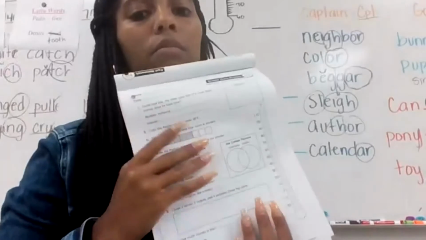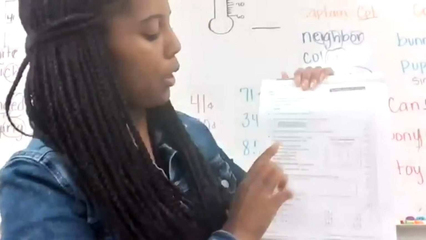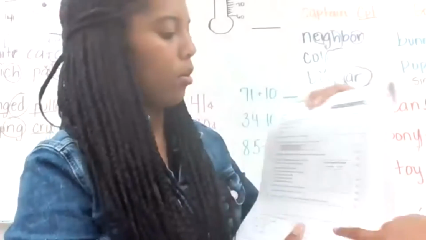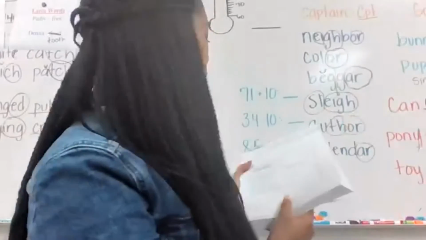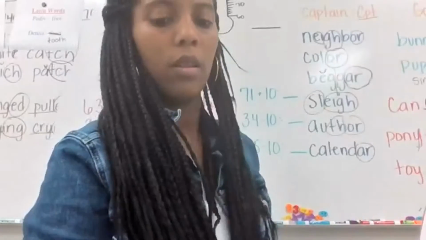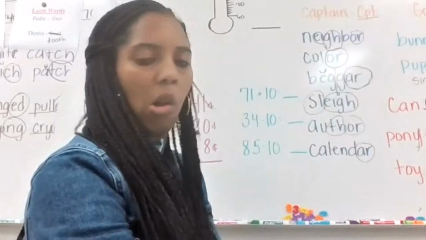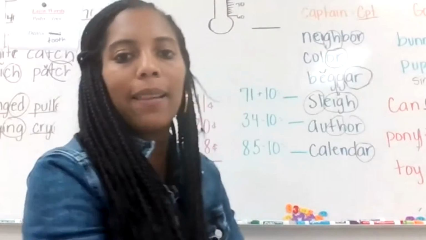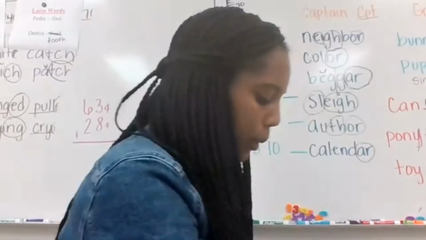Got it. We're going to be doing number 4, the Venn diagram. Can we please do this together on the board? Okay, 71A. We'll be working on number 4 together, the Venn diagram.